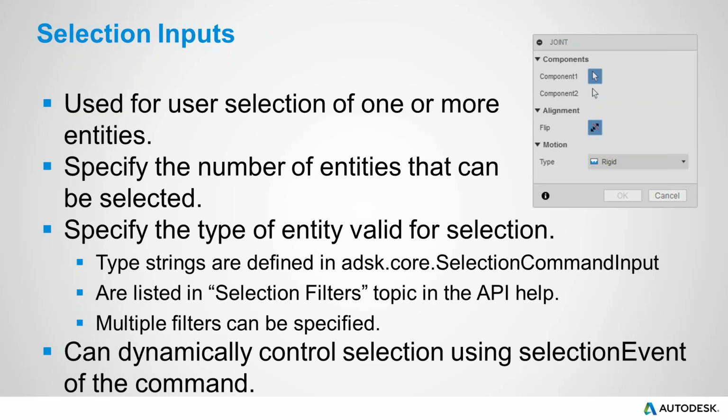So I check to see if it's parallel to the first face, and if it is, then I say, yeah, that's okay. And now it does the pre-highlight, and so now the user has the option of selecting it. But I could say, no, it's not parallel to the other one, so no, it's not valid for selection, and then it won't even pre-highlight. So the user never gets a chance to select it. Right? So using this, I can really completely control what the user can select or not.